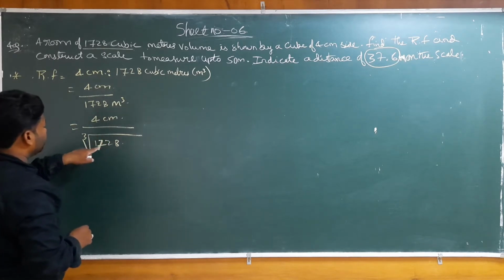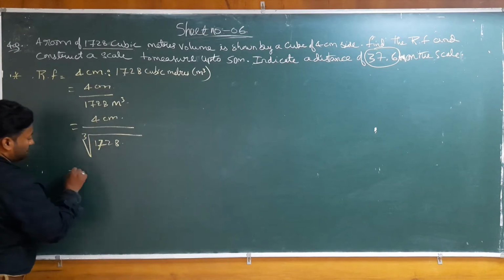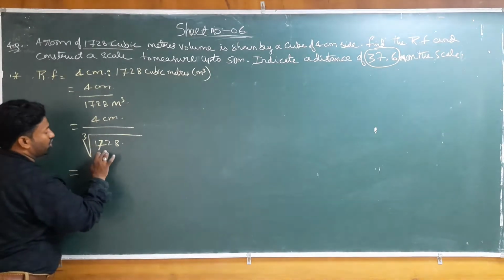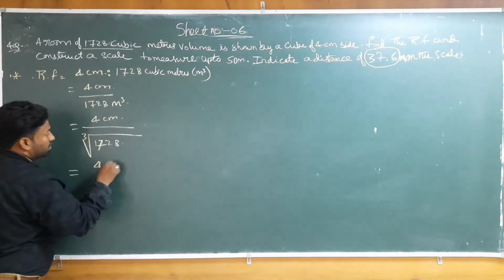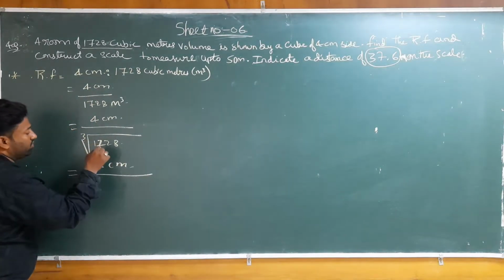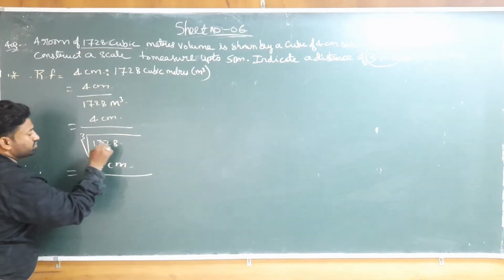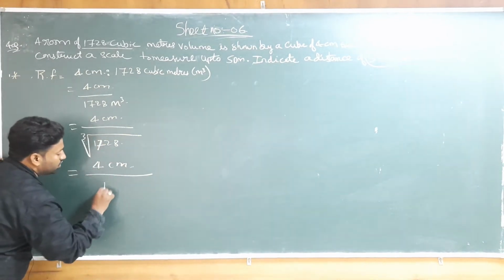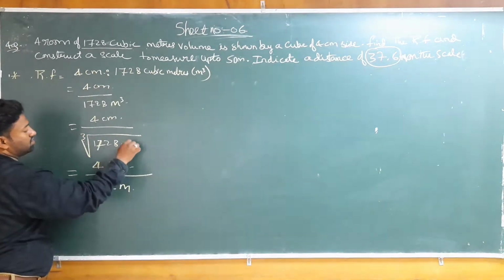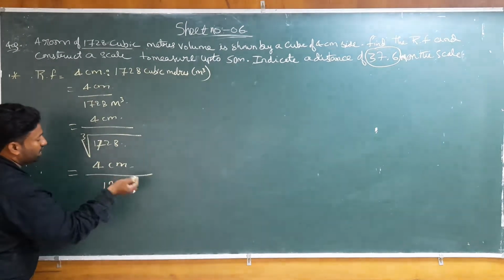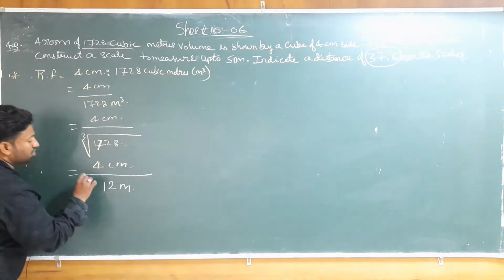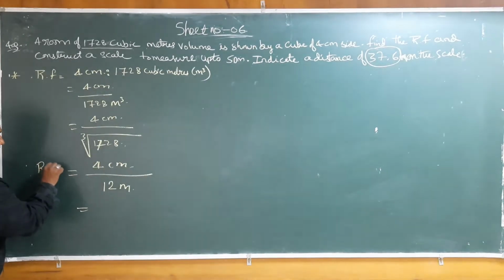So we have to use the calculator here. We have to find out the cube root of 1728, that is nothing but 12. So if we take the cube root of 1728, we will get the value as 12 meters. Now we have to change the value because RF has no units.